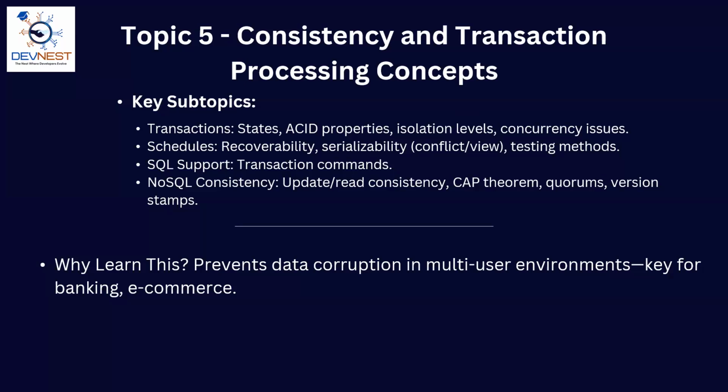So sorry, let's continue the example. The money transaction. When we do a transaction, what could go wrong without a transaction is if the system crashes after step one, the deduct step.